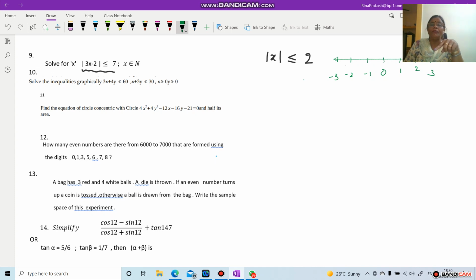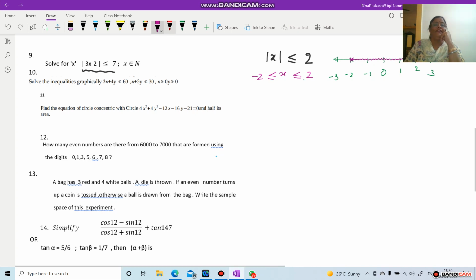Every number lying between -2 and 2, including -2 and 2, lies in this part of the number line and satisfies this inequality. So x will be the quantity lying between -2 and 2.